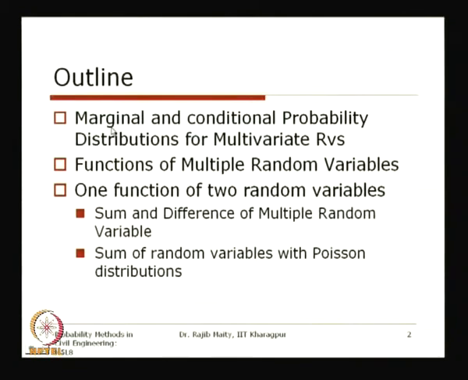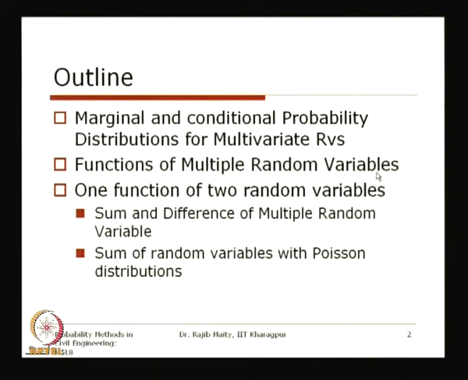To start with today's lecture, we will first cover the marginal and conditional probability distributions for multivariate random variables. These two parts were pending in the last class. After that, we will go to the functions of multiple random variables.